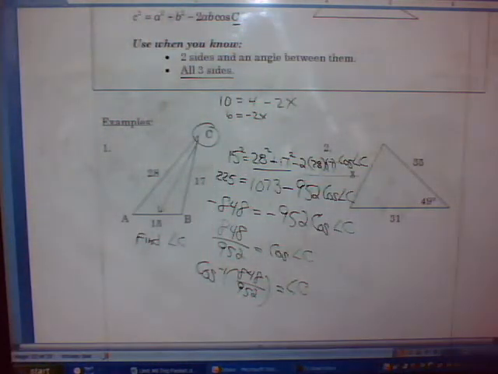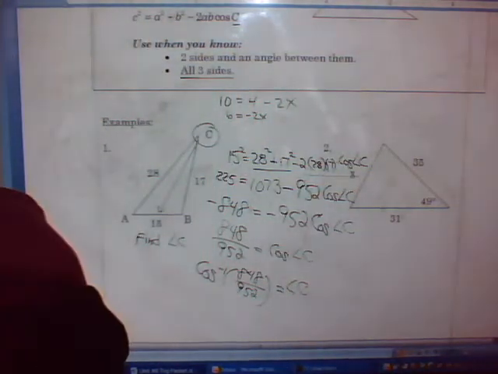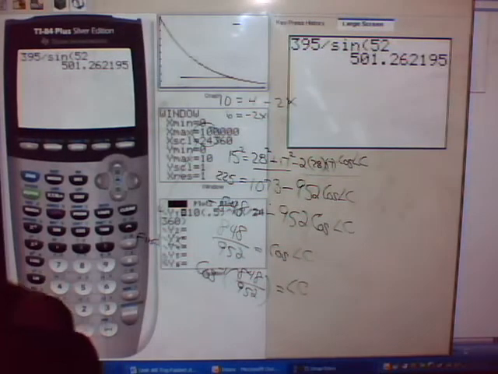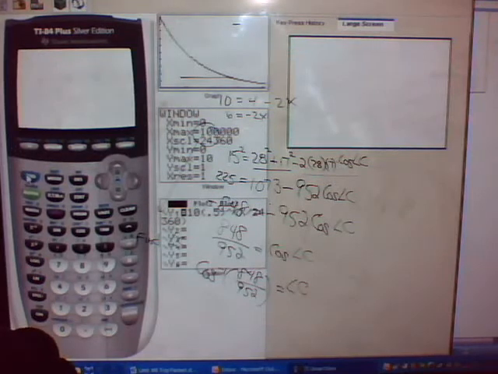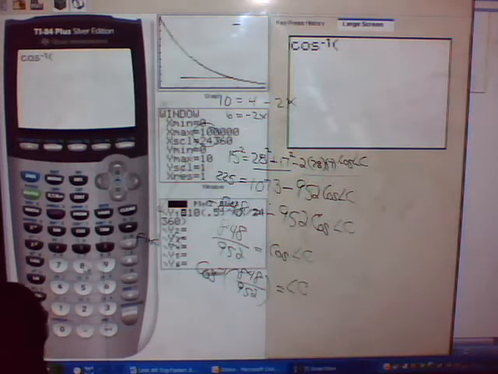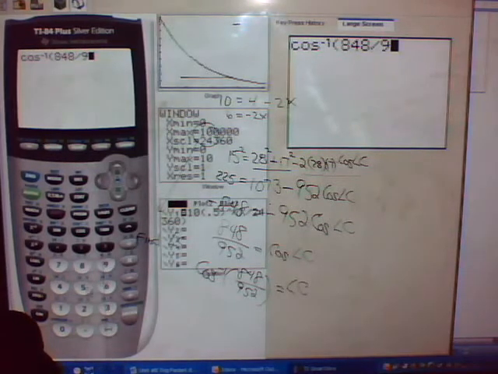And we just need to plug that into the calculator. So here we go. Clear this out. We have second function cosine, inverse cosine of 848 divided by 952.